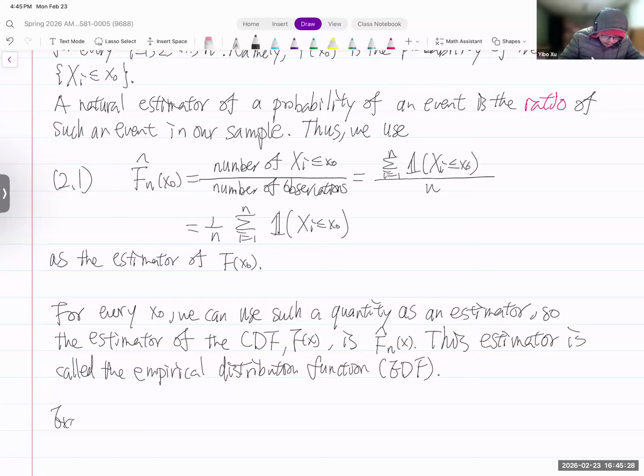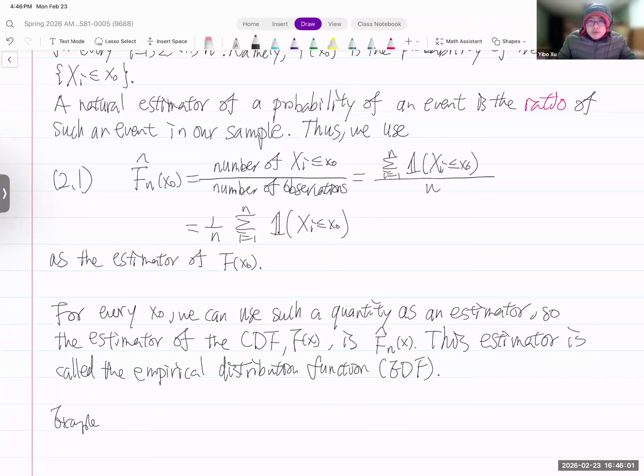Of course, when there's a lot of data, it's going to get a little more complicated. But if we do not have many samples, then the values are sort of limited. So we can expect a step function behavior, because you are essentially asking: what's the proportion of your sample less than or equal to a fixed value?